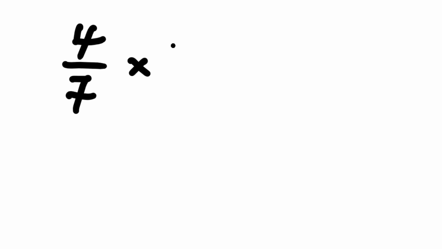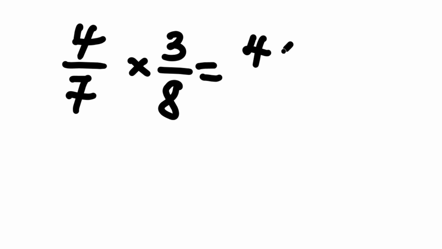So we have 4 over 7 times 3 over 8, for example. So this will be equal to 4 times 3, the numerators together.